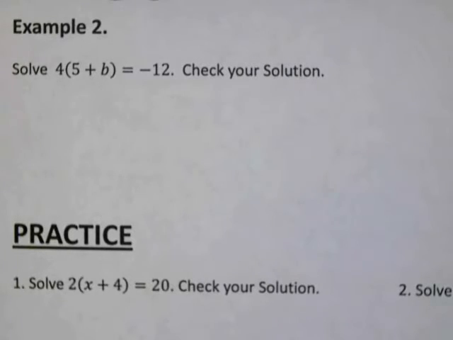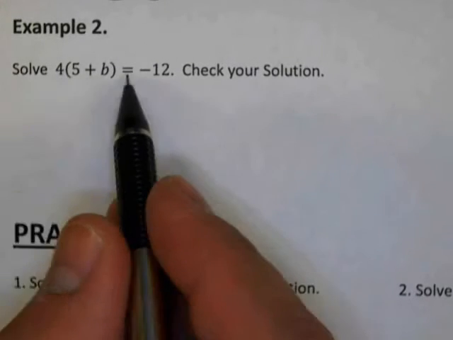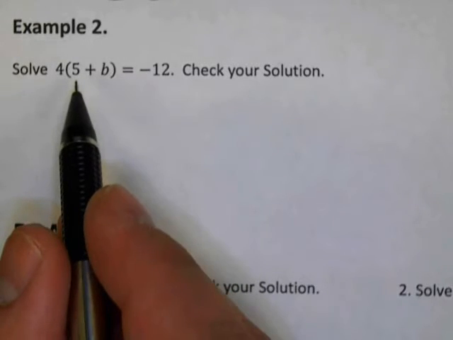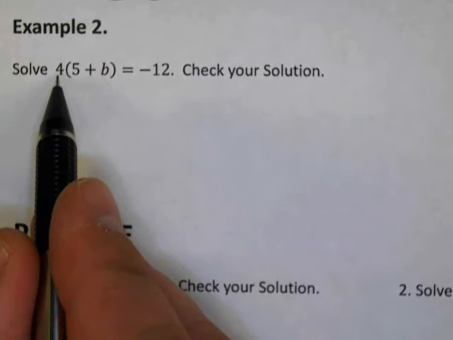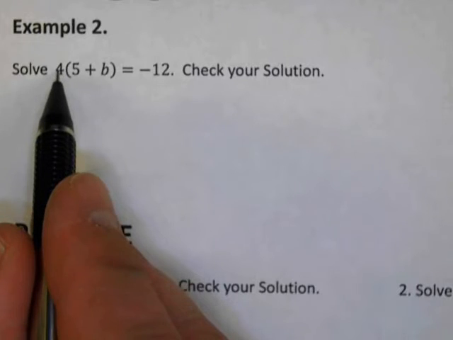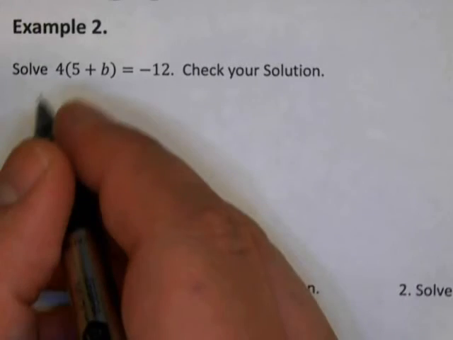Example 2 says to solve 4 times (5 plus b) is equal to negative 12. Remember, the first thing we need to do is work in reverse PEMDAS order. There's nothing being added or subtracted outside of the parentheses. So we have to divide next by 4 because 4 is multiplying against 5 plus b.